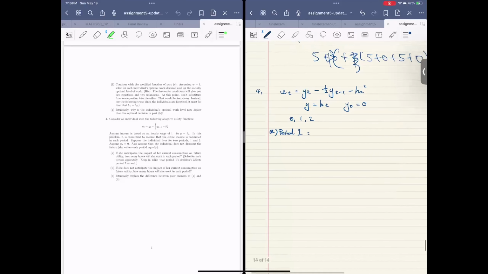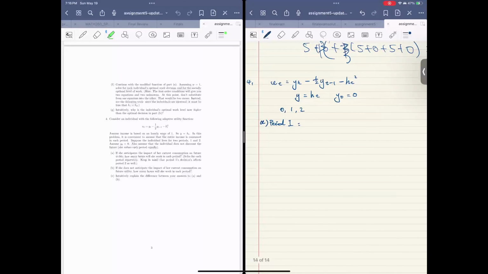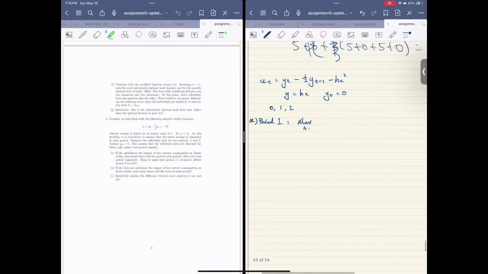So how do we set up this question? We're trying to max over H1 of U1 plus U2.